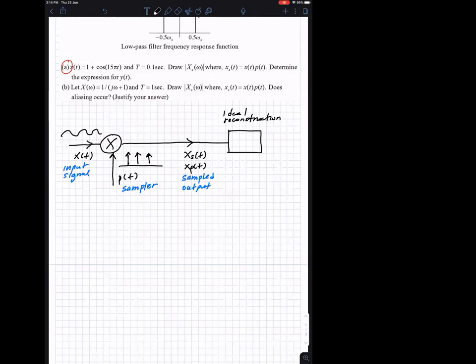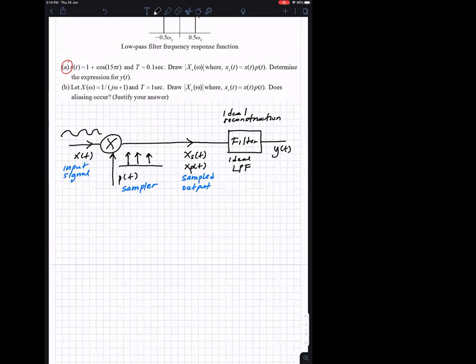It's a filter, which I just call the ideal LPF, low pass filter. After filtering, you can get back your original signal, you should be able to get it back if you have done it correctly with the proper sampling frequency.